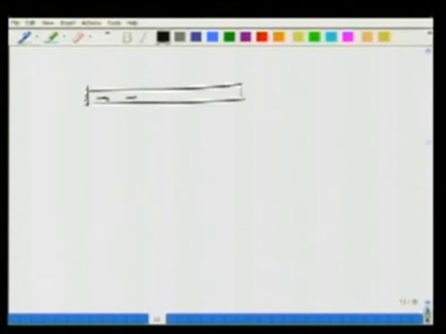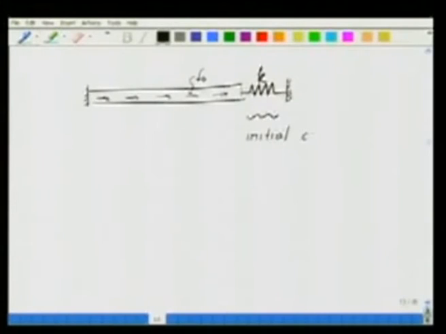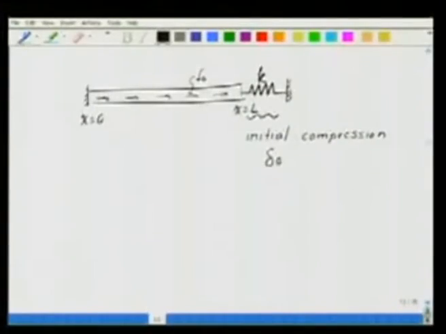Again, let us keep it to f0, but here what I do is, at this end I fix a spring with spring constant k, and I give an initial compression to the spring, delta 0. So this is the point x equal to 0, this is the point x equal to L.